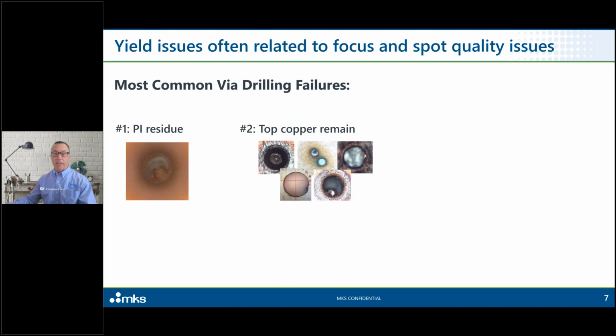Another common one is top copper remaining. So in the processing, they use the laser system to drill through that top copper layer and didn't get enough energy applied to remove all the copper, and there's some copper remaining in the via. Another common cause of yield failure.